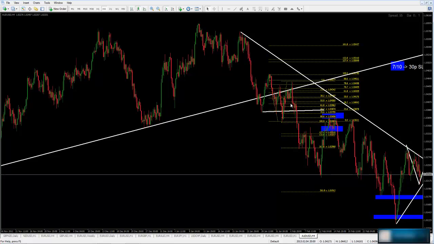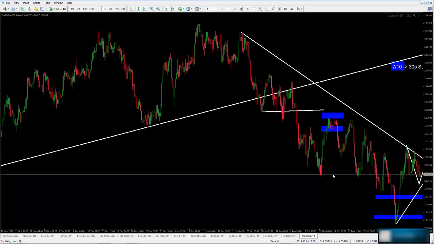You shouldn't enter short here because you don't have at least a 1 to 3 risk reward ratio according to your fib levels. So you shouldn't enter short here. You should have waited, and you've waited until here.